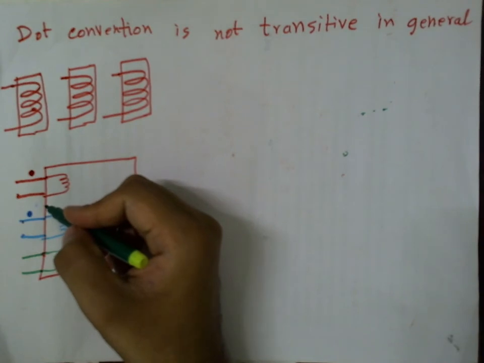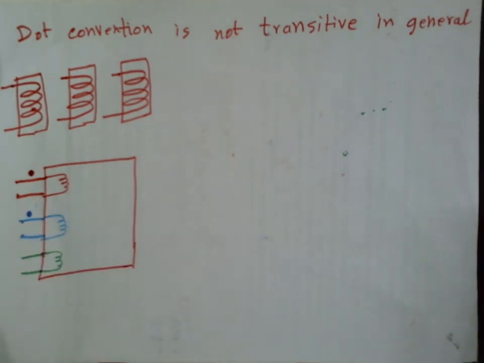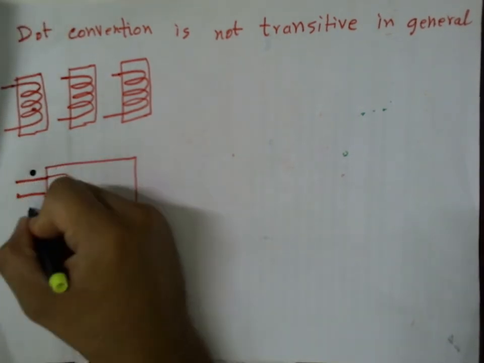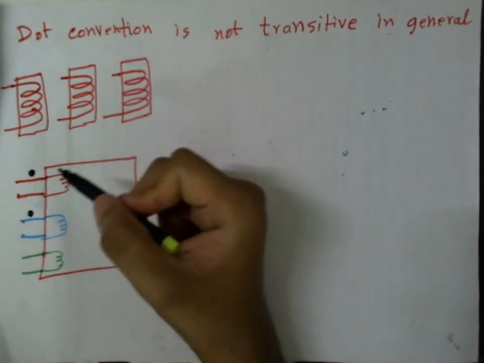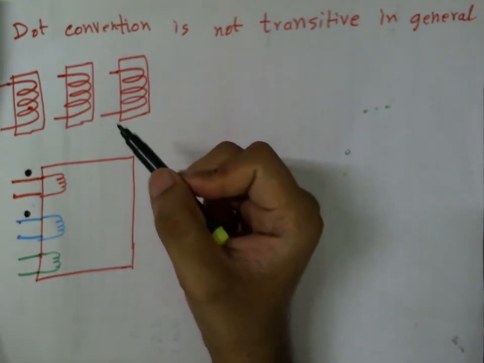Similarly, if I put 2 dots, okay, let me do it like this. So these 2 black dots indicate that these 2 terminals are always of same polarity.